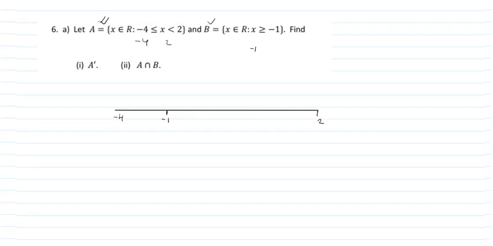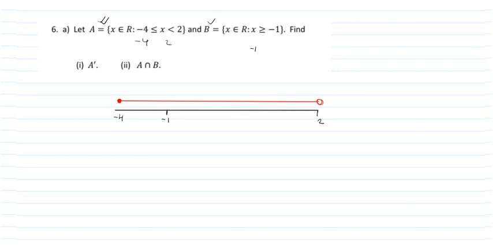So to plot A, even plotting these are just marks, A has -4 to 2. On -4 it is closed, meaning it is included, and it is not including 2, it's less than.